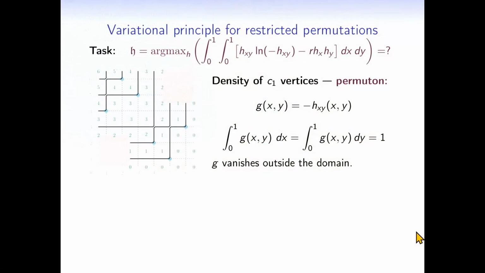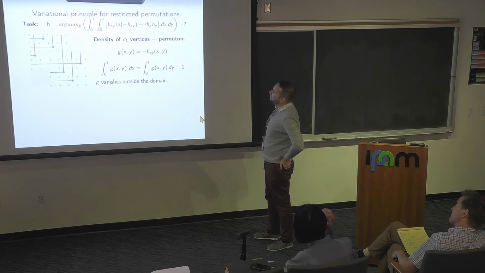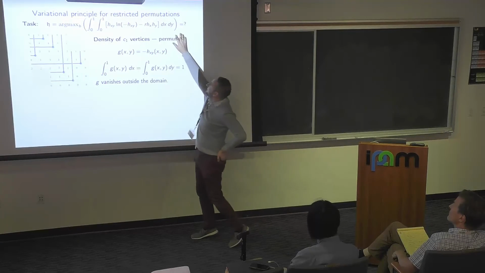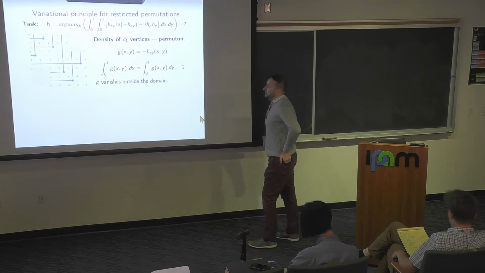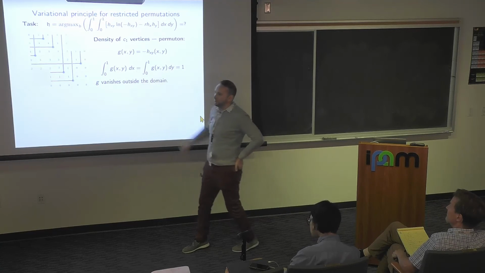So in terms of these corners and their densities, you can restate your variational principle. If you look at the function g, which is the mixed partial derivative of the function h, minus the density of C1 vertices, then the conditions on this function g are that you should get a maximum here. In addition, this g should vanish outside the domain.